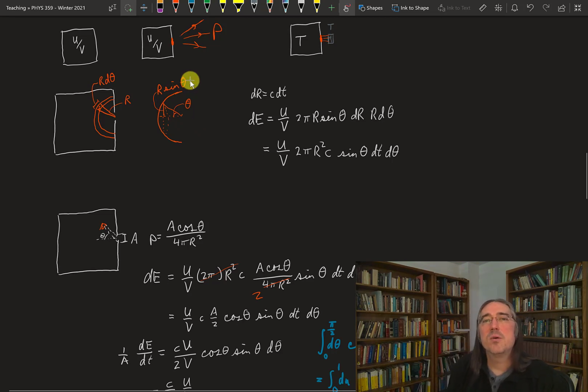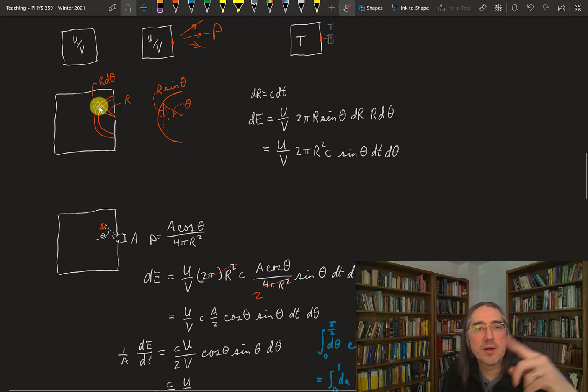So now what I want to know is how much energy is in this hemispherical shell. Well, in this little bit, once I rotate it around to make it an infinitesimal ring, I get 2 pi r sine theta, right? So the radius of this circle is r sine theta. 2 pi times the radius of the circle is 2 pi r sine theta.